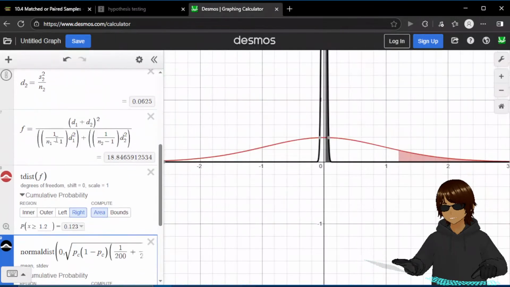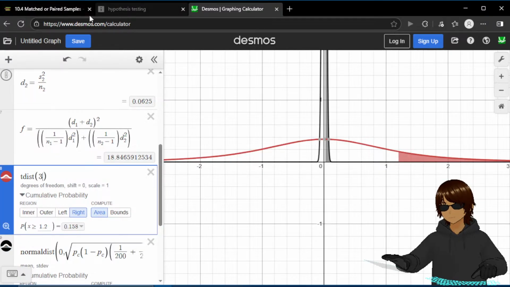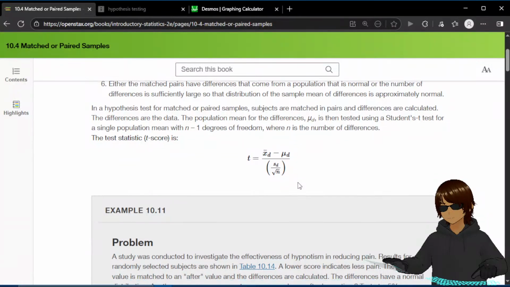The t distribution has 3 degrees of freedom. The t score is x̄d minus μd divided by sd over root n. The differences of the sample, right? Sample differences.